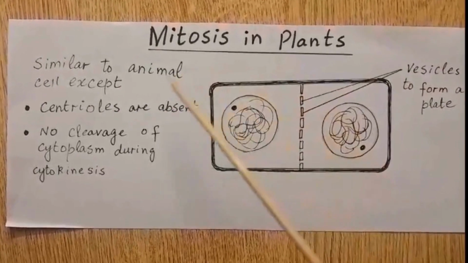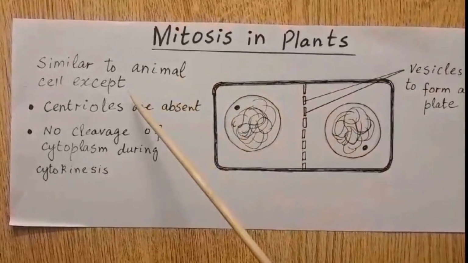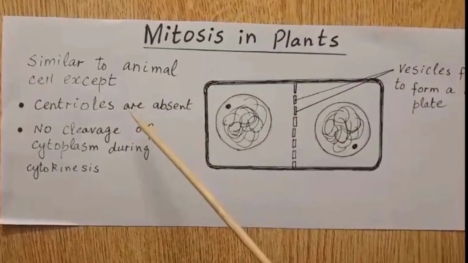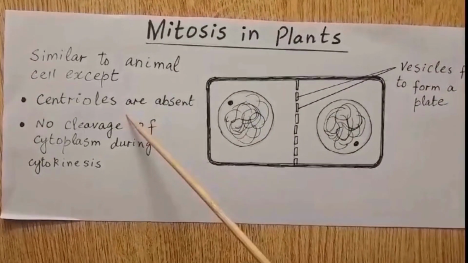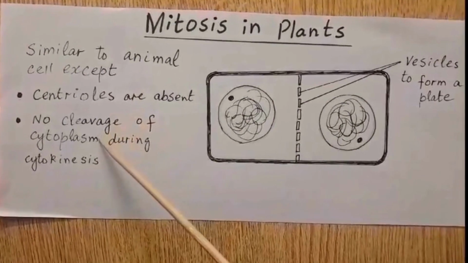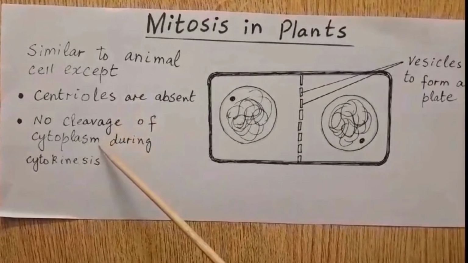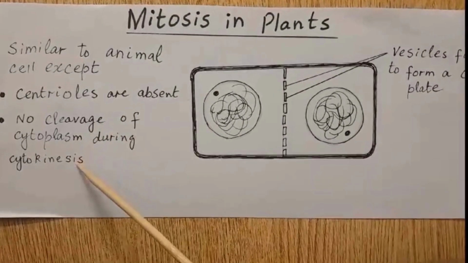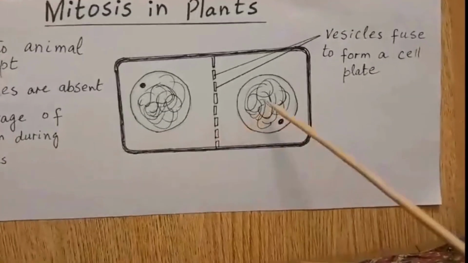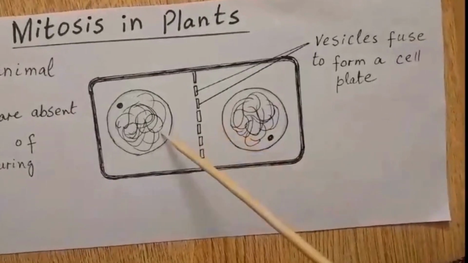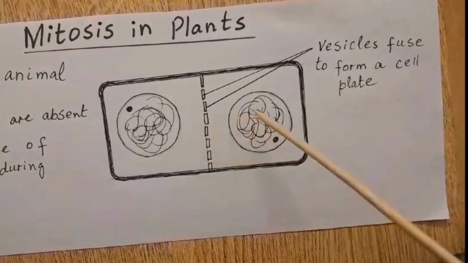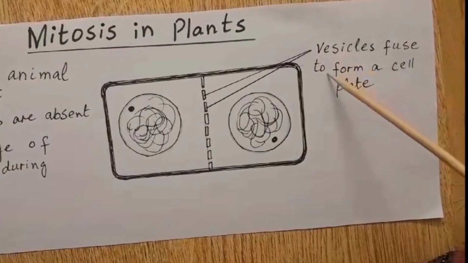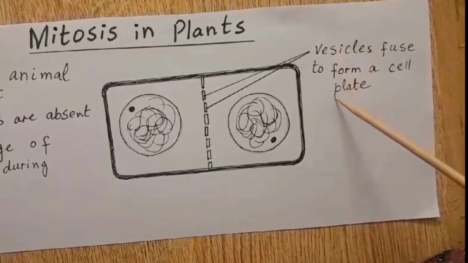Mitosis in plants is similar to animal cells except there are no centrioles in the plant cell and the spindle fibers are made without centrioles. There is no cleavage of cytoplasm at the time of cytokinesis, but between the two daughter nuclei of the plant cell, the vesicles fuse to form a cell plate.